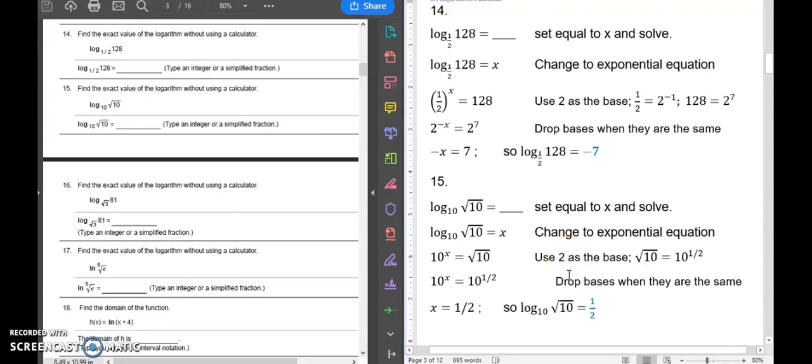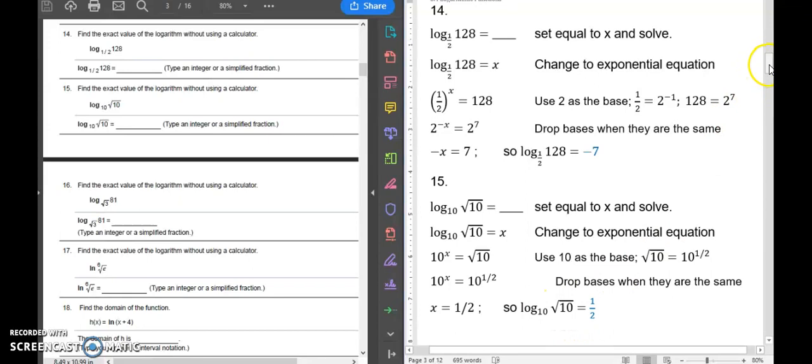We're actually going to use 10 as the base. Sorry. Using 10 as the base, we'll change the square root of 10 to 10 raised to the 1/2 power. So now we have the same bases on both sides. We can drop those bases and we'll get x equals 1/2. So the exponent that we're looking for is 1/2. 10 raised to the 1/2 power equals the square root of 10.